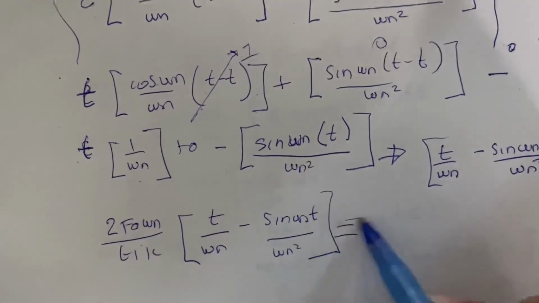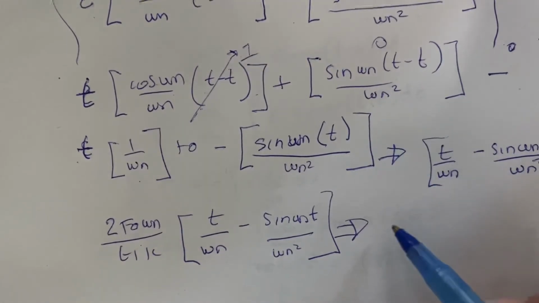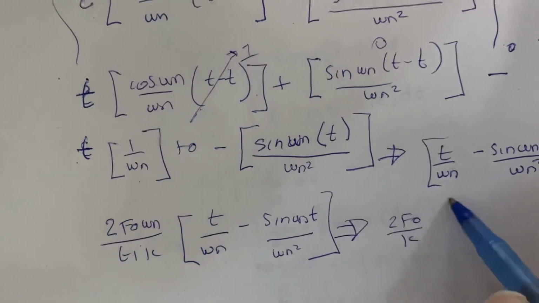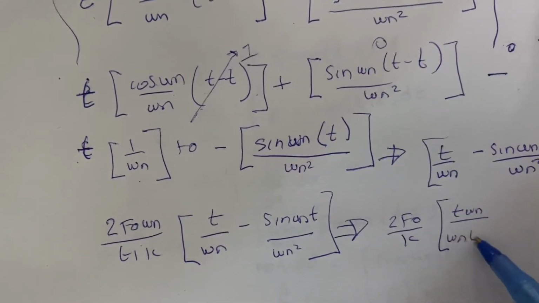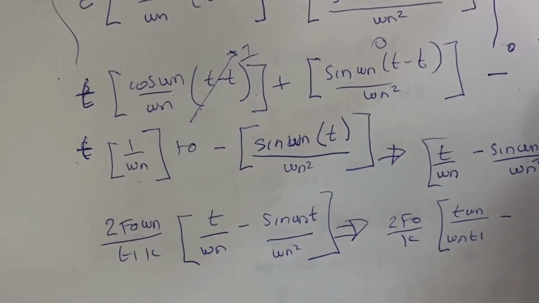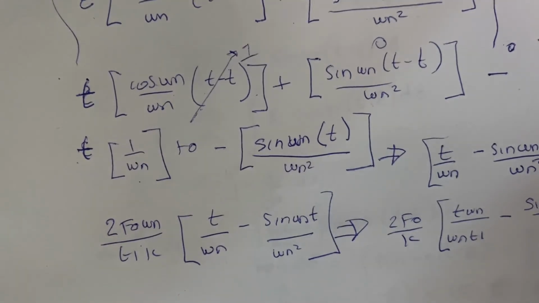So now doing this simplification, let's put wn and t1 inside. So 2f0 over k times t wn over wn t1 minus sine wn t over wn squared multiplied by wn over t1.